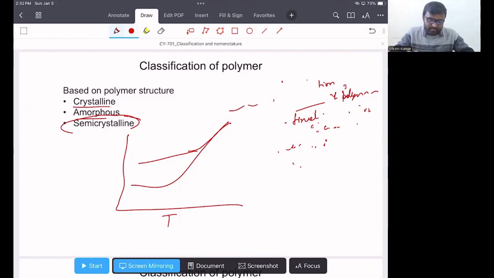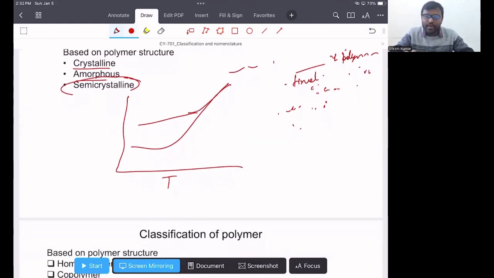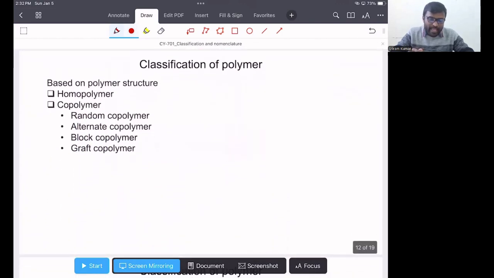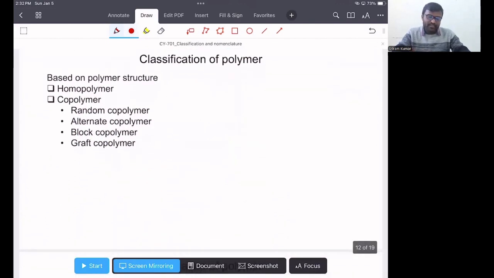Also, we will study this phenomenon in the second class when I talk about the glass transition temperature of the polymer. And the other one is the classification based on polymer structures. So we had classification of the polymers based on the structures, maybe linear, branched, and cross-linked.